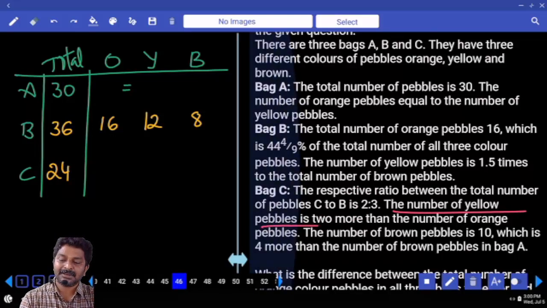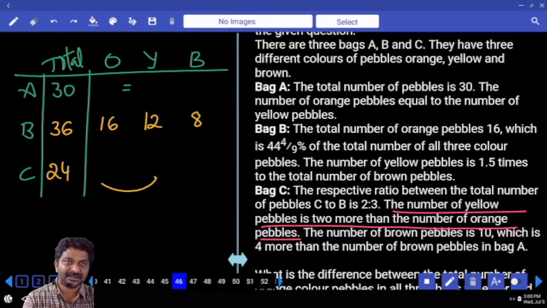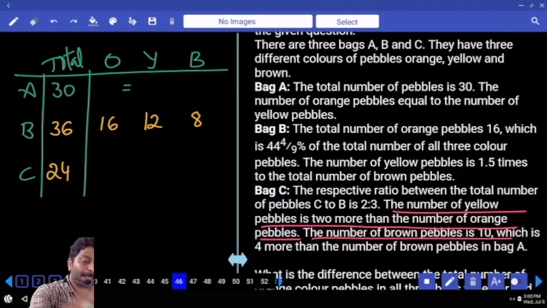Number of yellow pebbles is 2 more than number of orange pebbles. Okay, this relation is given. We'll consider that later. Number of brown pebbles is 10 only. Brown are 10. And the first condition says yellow are 2 more than orange. If orange are X, yellow are X plus 2.